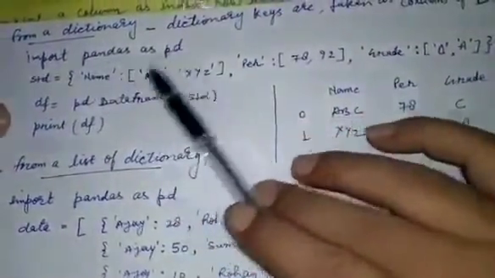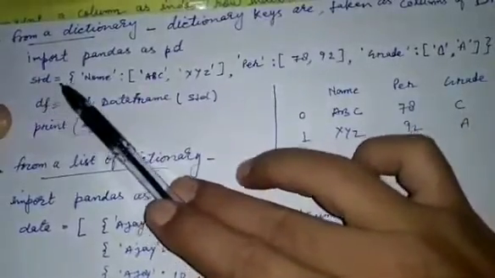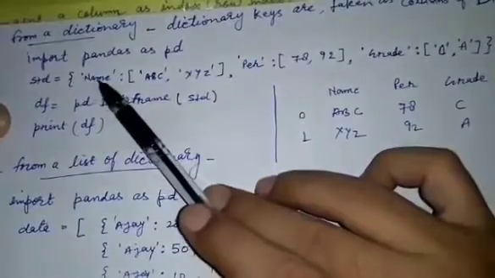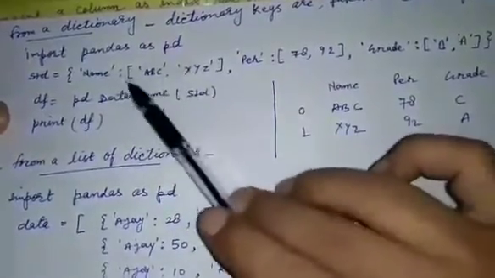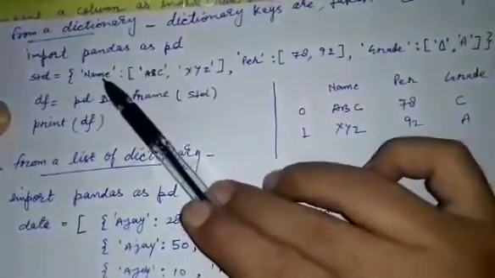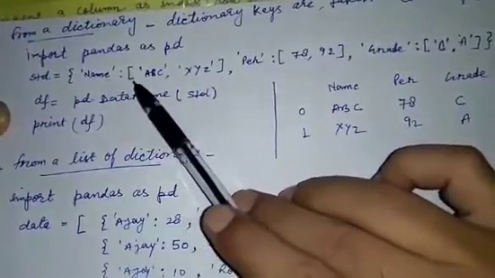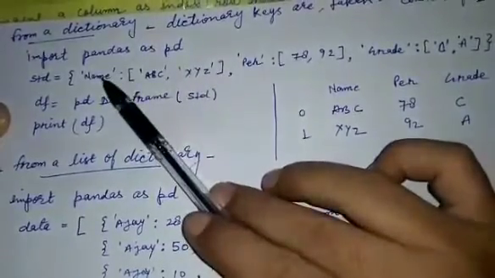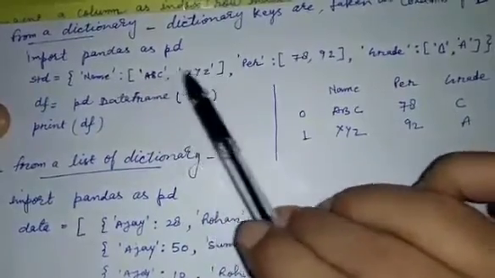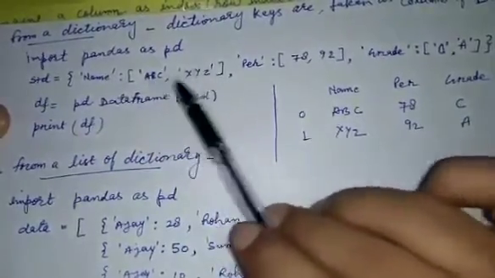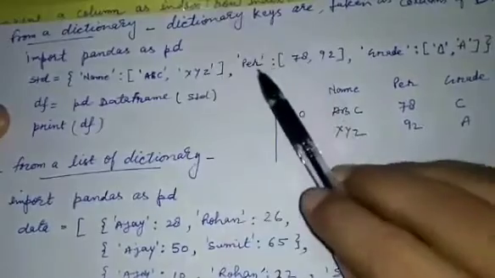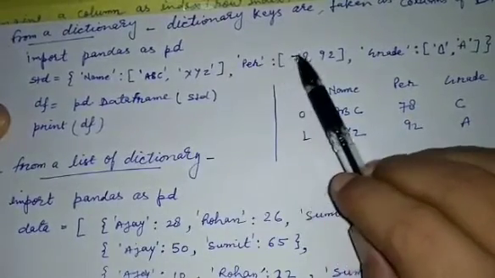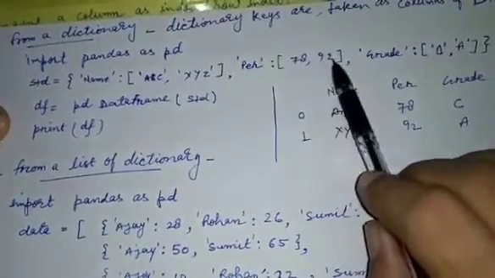Import pandas as pd. std is equal to a dictionary. Its first key-value pair: the key is name, colon, and the value is again a list. So this will work as the column and these will work as the values of that column. The second key is PER and values are 78, 92.